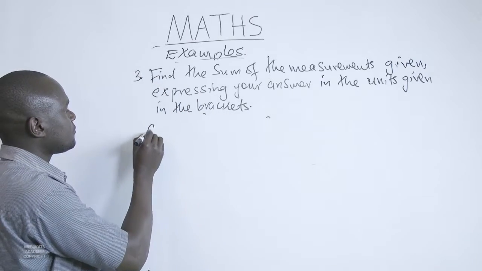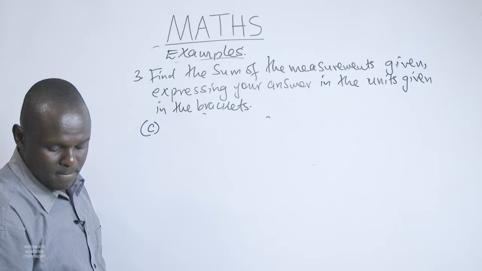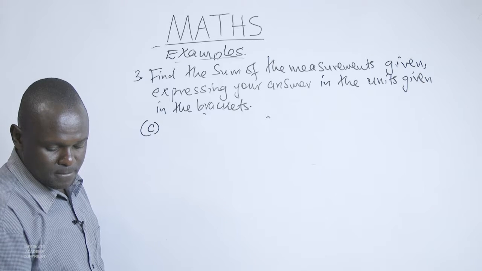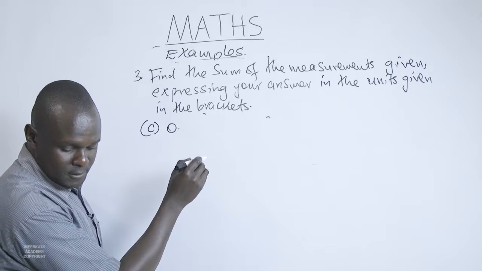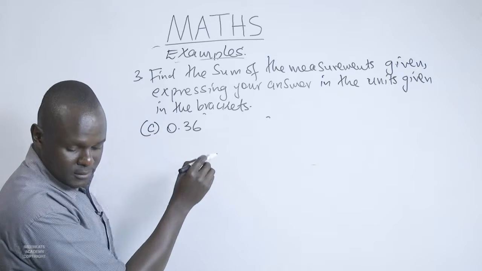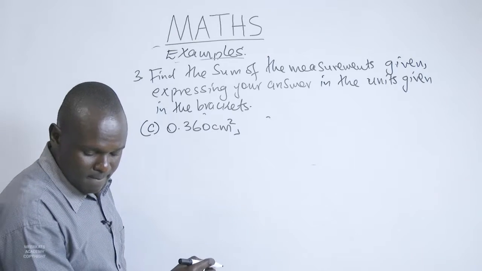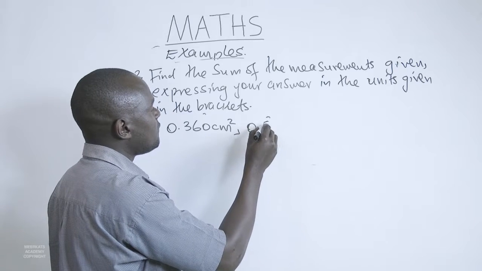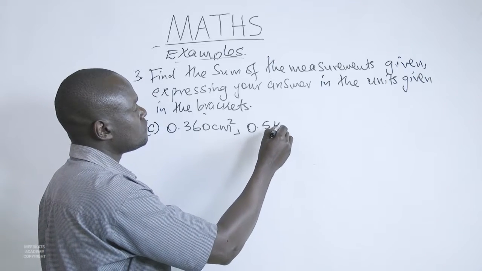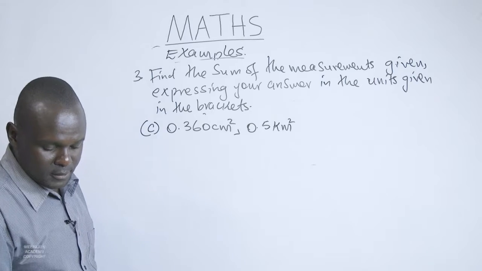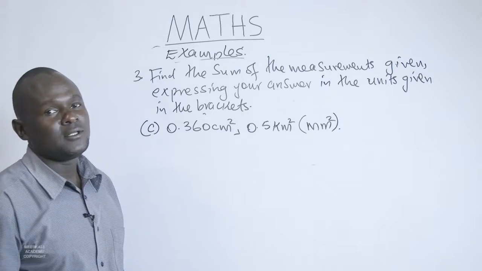Example C. We find the sum of 0.36 square centimeters and 0.5 square kilometers, and our answer should be expressed in square millimeters.